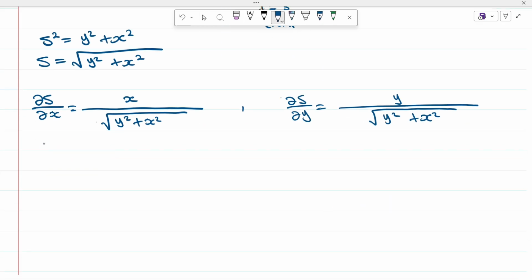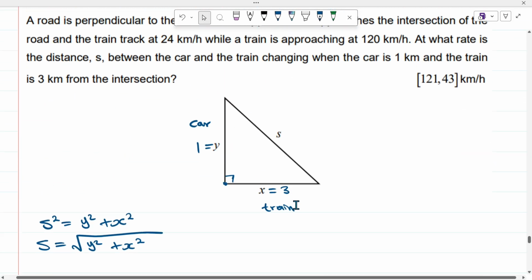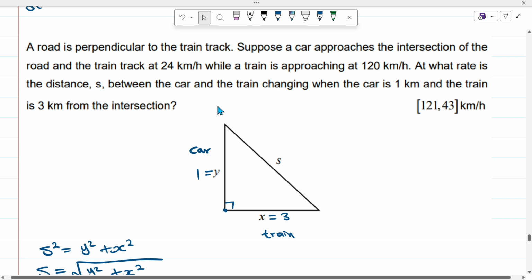So we were told that the rate at which x changes with time, remember, x is the train, the rate at which the train changes with time, is going to be equivalent to 120, right? Because it says the train is approaching at 120.